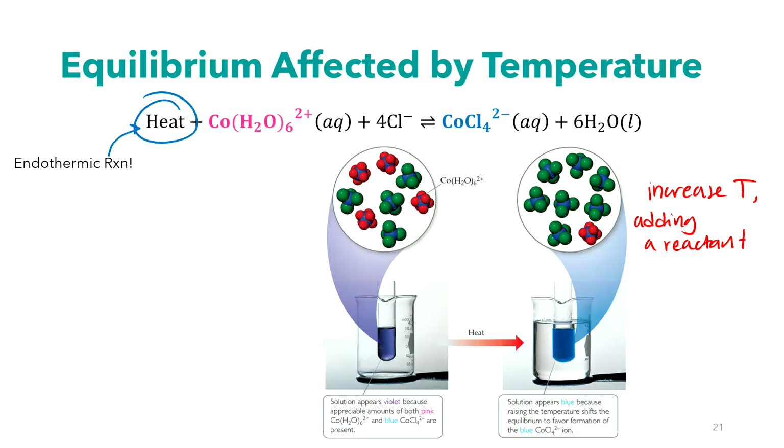When I add reactant, the system counteracts it by consuming that added reactant, so it makes more product. In the same way that if I added more of my chemical reactants, I'd say we need to make more products. Now I'm just going to think about heat that way.